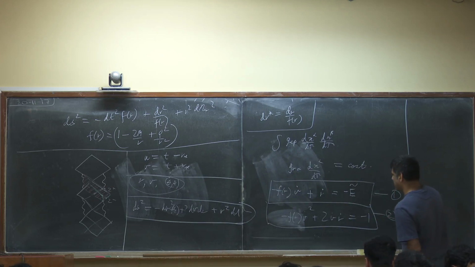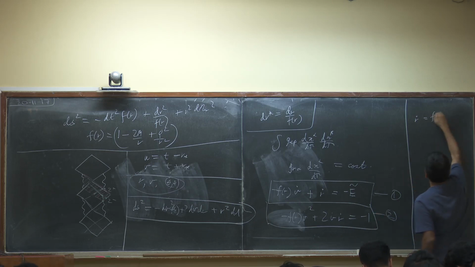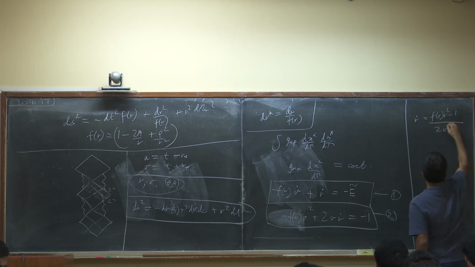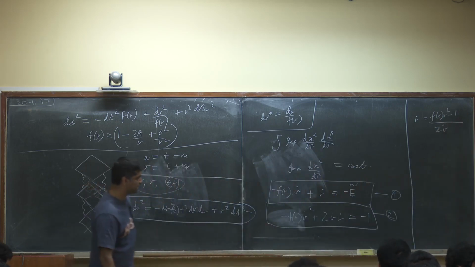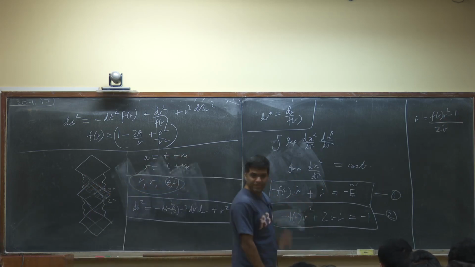So this gives us r dot is equal to (f(r) v dot squared minus 1) divided by 2 v dot. And then we plug that equation into here.